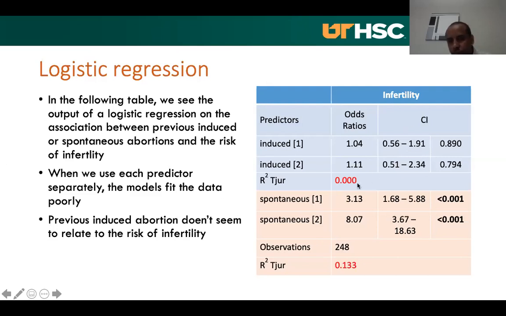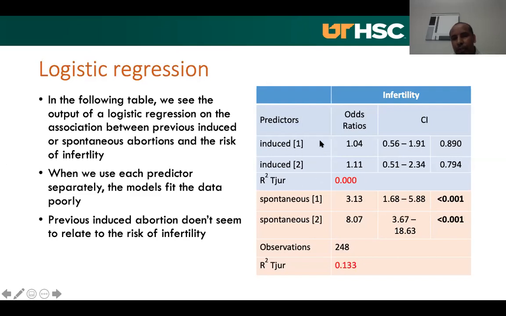We looked at this separately for the induced versus the spontaneous. So the top part of the table is from one model, and the bottom part is from another model.